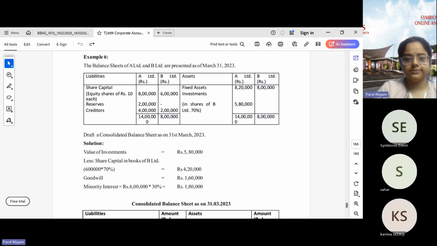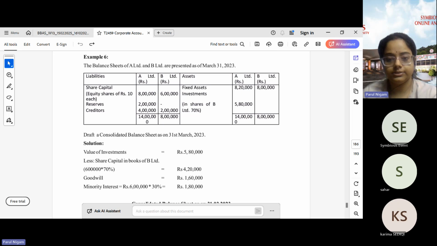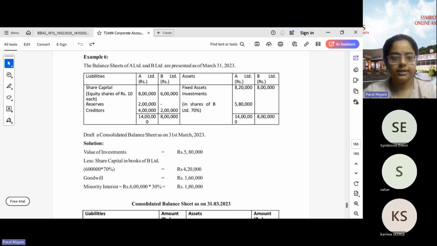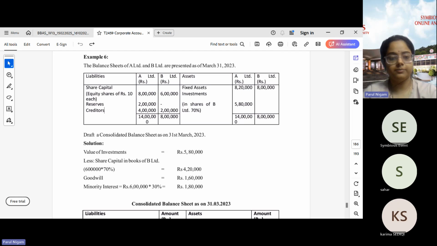So fixed assets, 8,20,000 in A Limited, 8 lakh in B Limited. Then you have investment in shares of B Limited, that is 70%. So we have 5,80,000. Then under A Limited and B Limited, we have share capital, which is 8 lakh and 6 lakh. Then you have reserves, which is 2 lakh. Then we have creditors, which is 4 lakh plus 2 lakh.